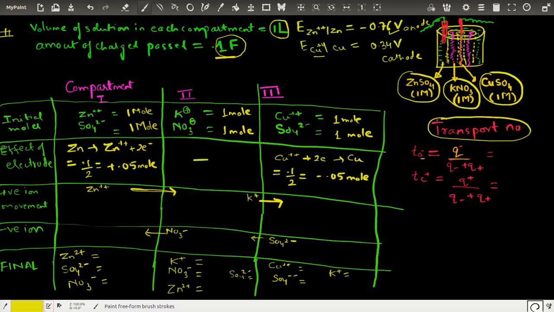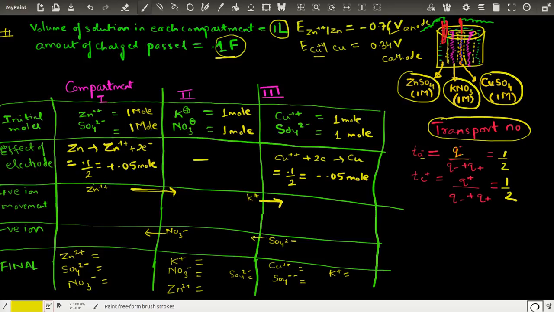Now in these questions we can see that since the charge carried by positive or negative ions is equal, therefore we can say the transport number of anion in this question is 1 by 2, say 0.5, and the cation is also 1 by 2, right?